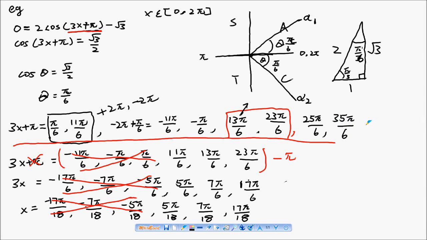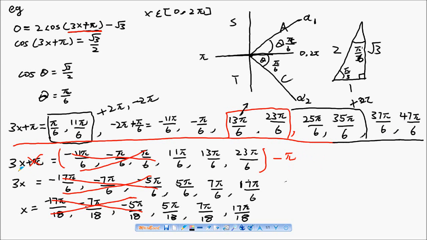Now let's do two more values. That means we have to plus this by 2 pi again, which gives us 37 pi on 6 and 47 pi on 6.